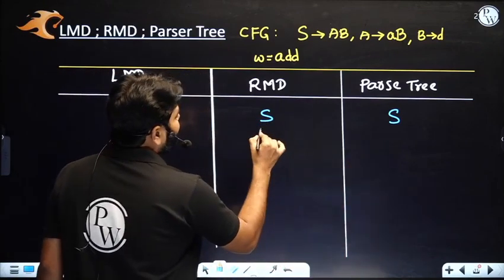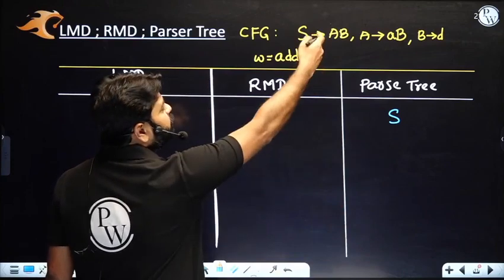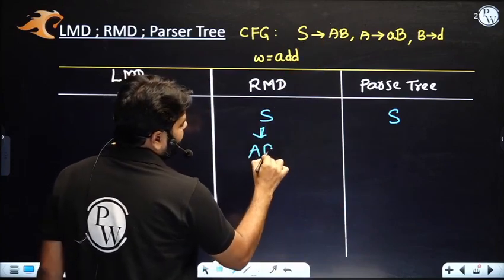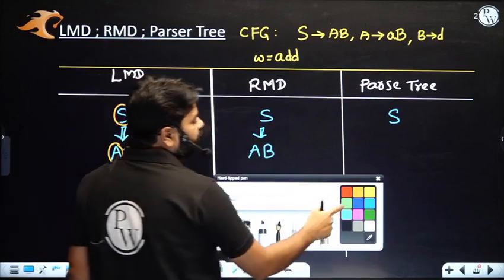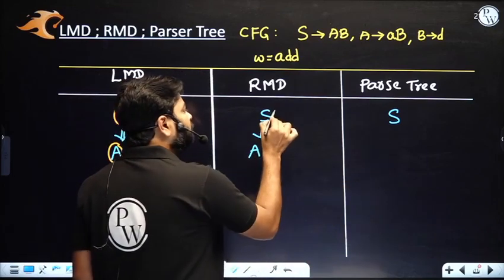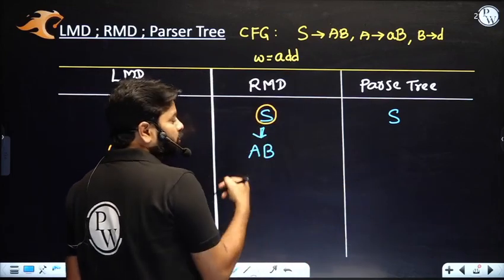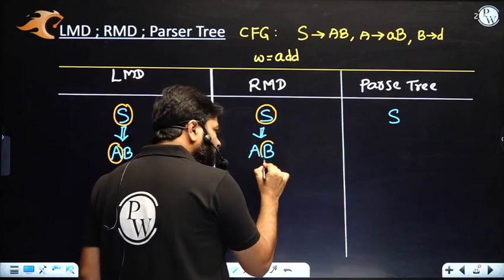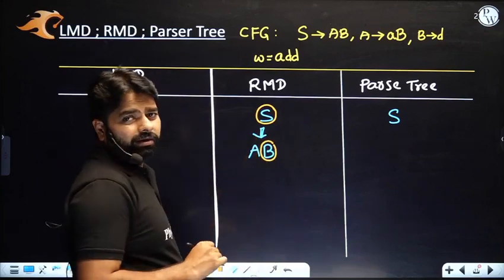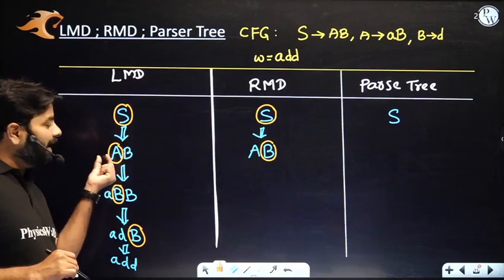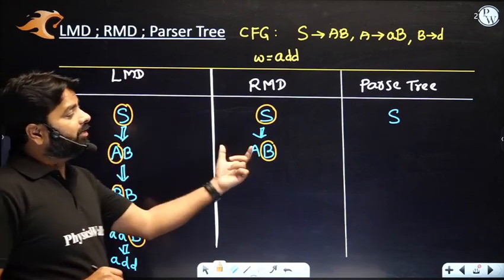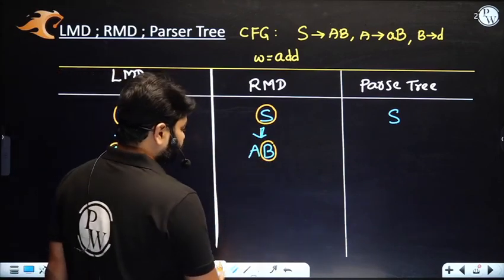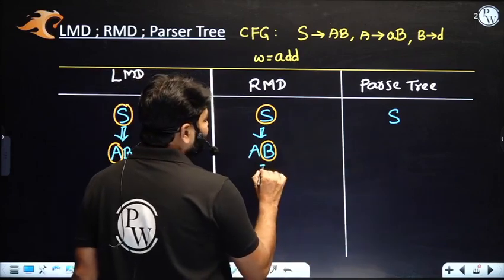Now we will again substitute with its production AB, but here which one will you substitute? Who is the rightmost? Here it's only one, so that's the rightmost, but in this step B is the rightmost. Whereas in LMD A is the leftmost, here we take the rightmost. The rightmost non-terminal will be substituted.